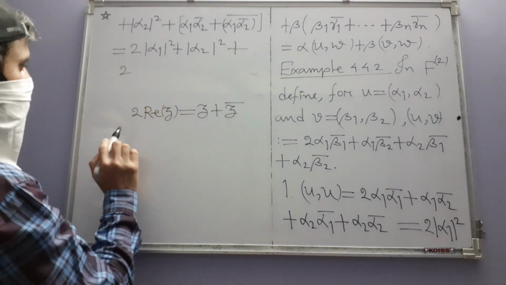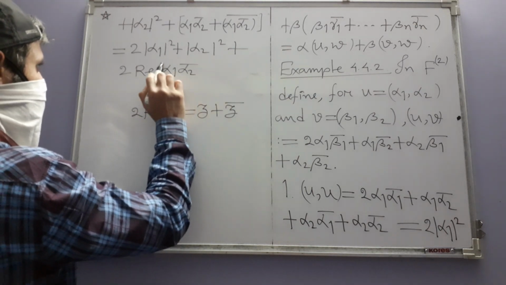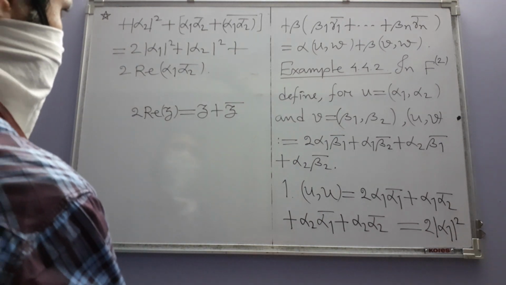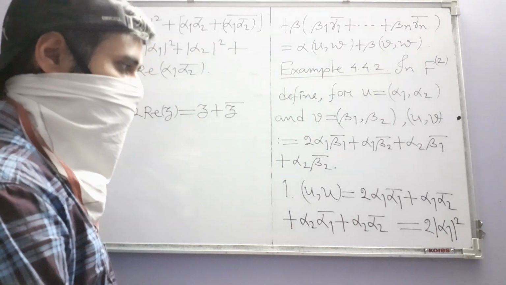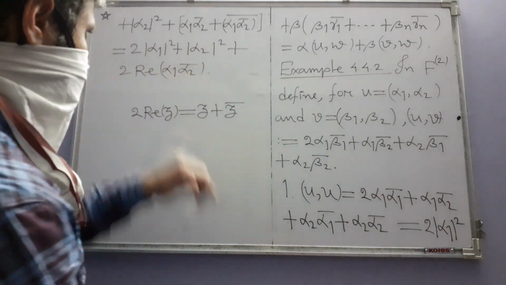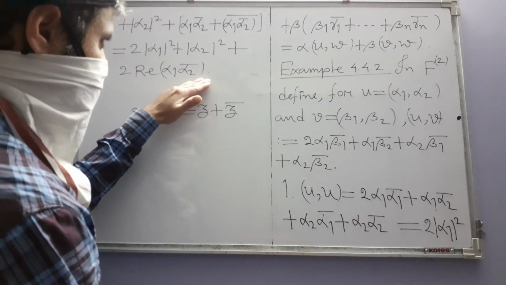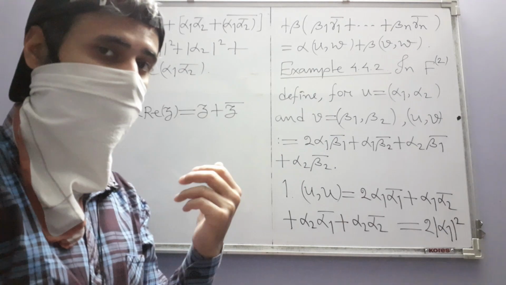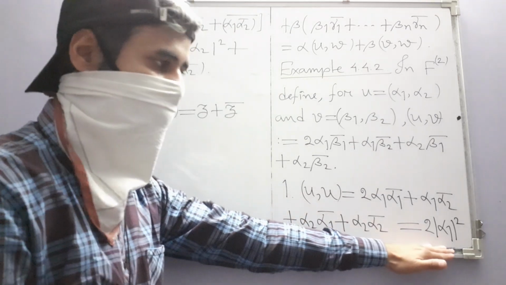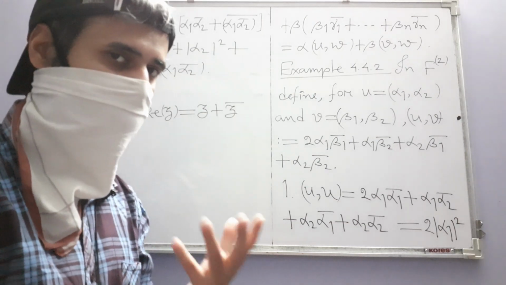So 2 times the real part of alpha 1 alpha 2 bar. Right, so fine, it seems like it's okay, we are getting a real number because this is real, this is real, this is also real. But there is a problem. The problem is that we do not just simply need a real number, but we need a non-negative real number. So although this calculation looks promising, it will not give us fully what we want. We need to change it a little bit.